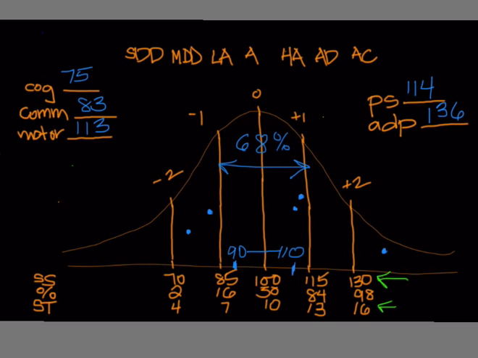Another thing I want to point out is the category labels up here. This A stands for average, and I want to caution you not to put too much weight on these labels, because there's really no universal labeling system for categories. Each test publisher kind of creates their own, and they're somewhat arbitrary.